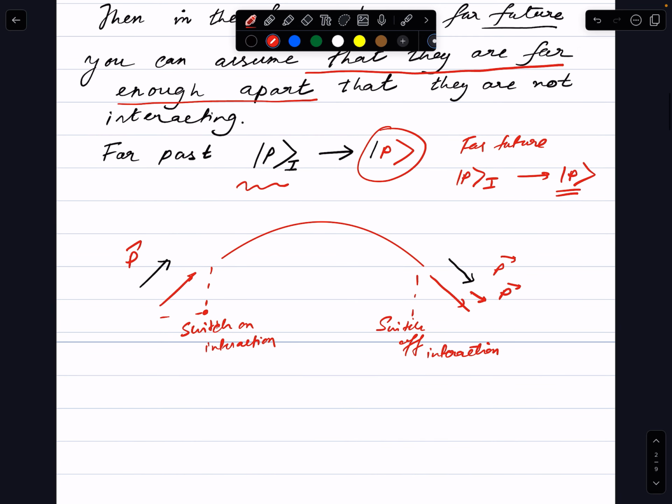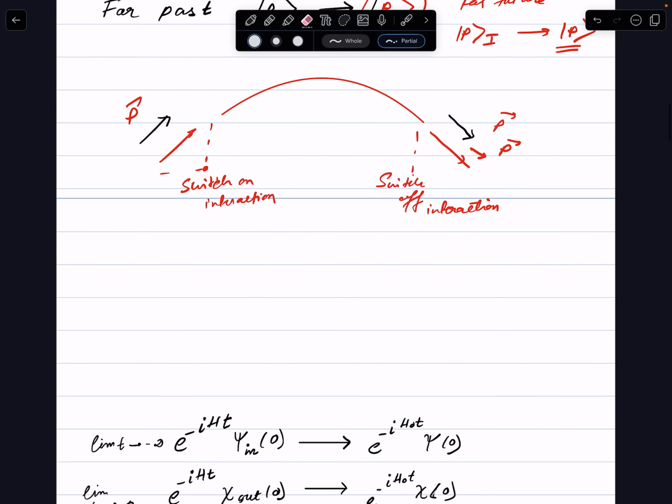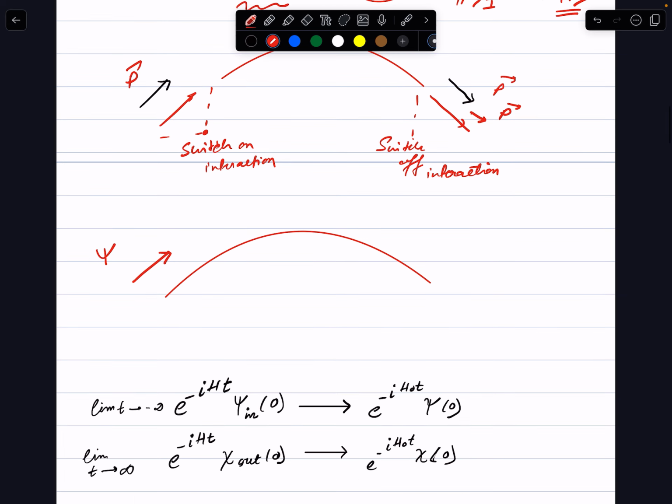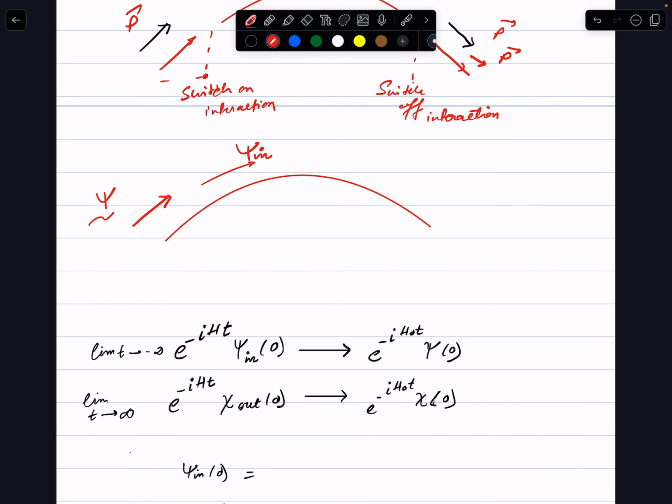So this is the picture we have. We call this some initial state psi, and then there is a state which I'm going to call psi in, which is the state which asymptotically approaches psi.